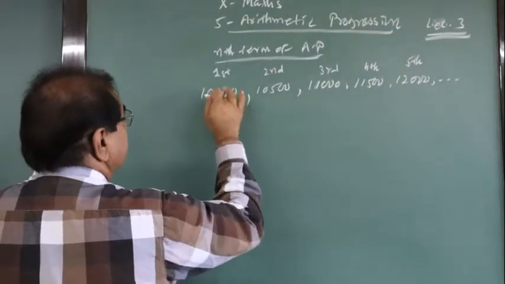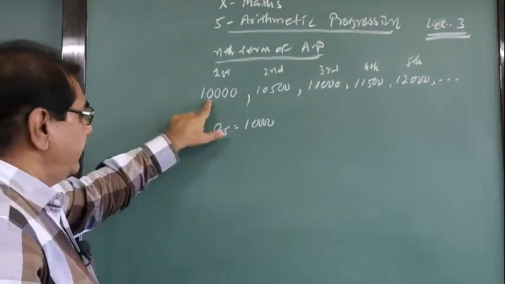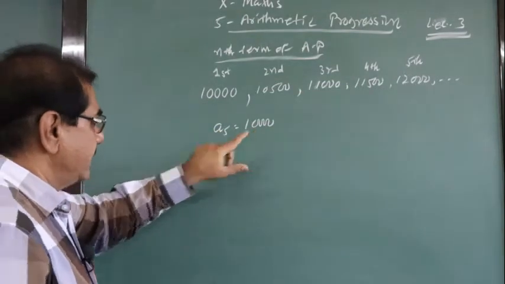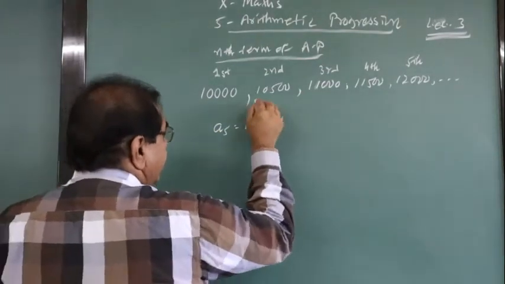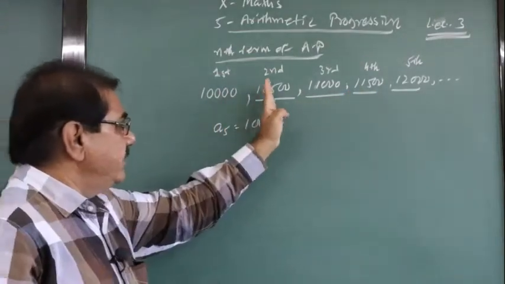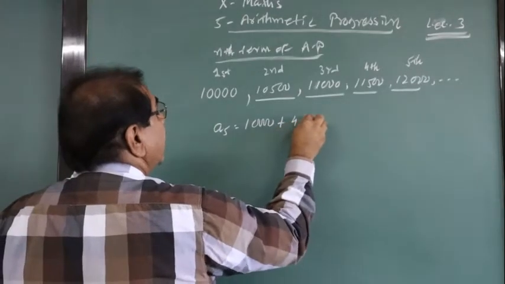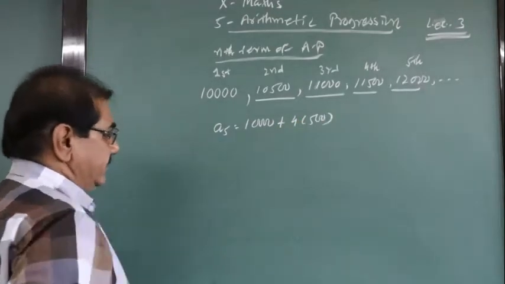So what is the thing we did? It was the initial salary of the first year, 10,000. Then what we did? 1, 2, 3 and 4: 4 times we added 500. So I can say it is 4 times 500.